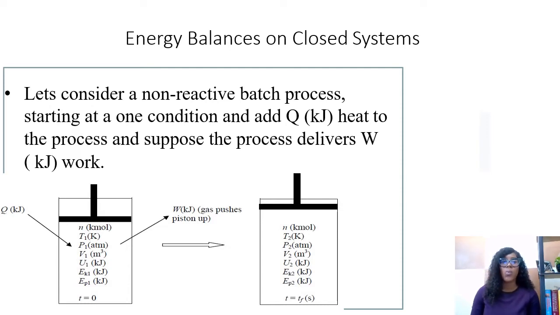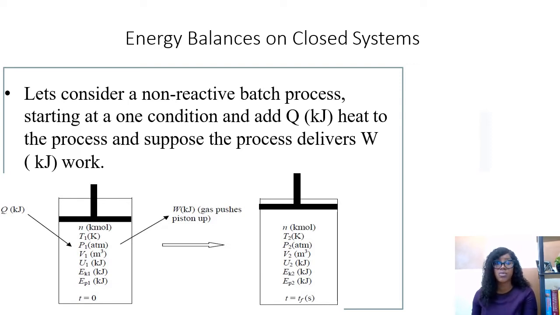And because we've added Q to it, meaning we added some heat to it, we'll have the gas expanding, right? So the work will be done and the gas will push the piston up based on this expansion. So now this is state 2.